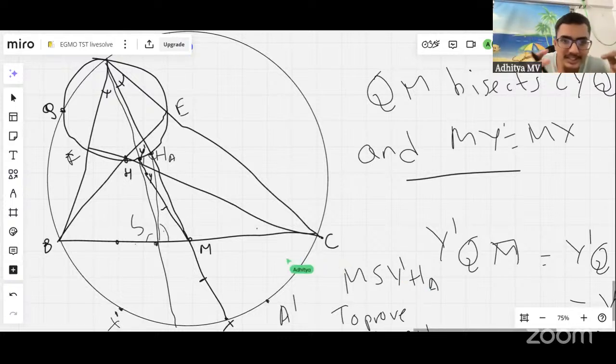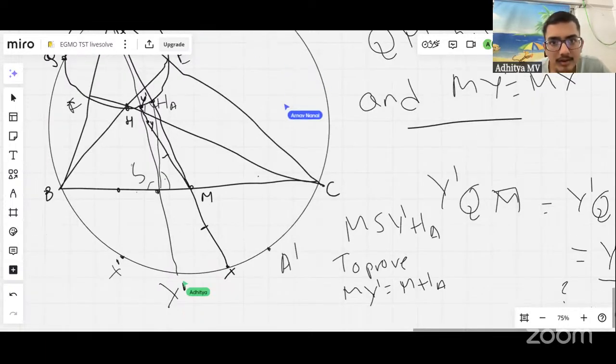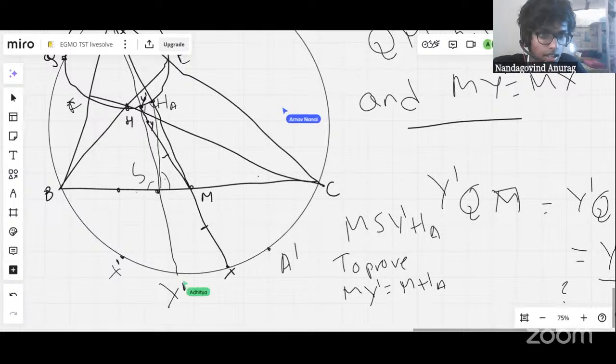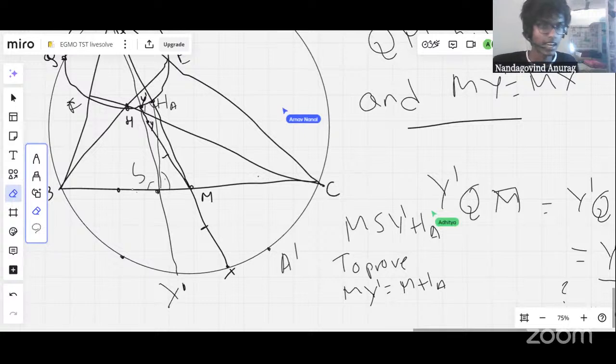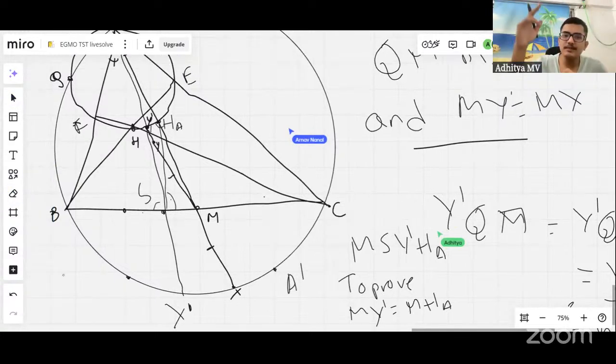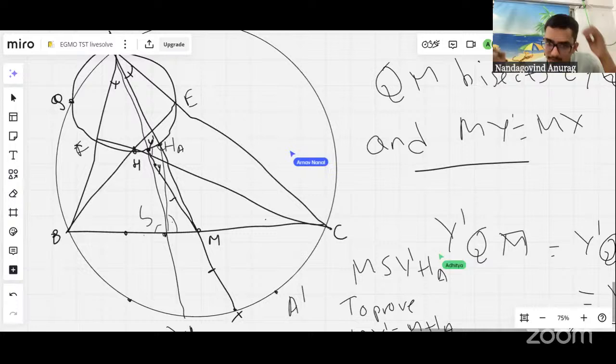Like we know this, right? That if X dash and HA are reflections in BC. X dash is AS. X dash and HA are reflections in BC, that's like Humpty. So ASB is equal to X dash SC is equal to HASC.